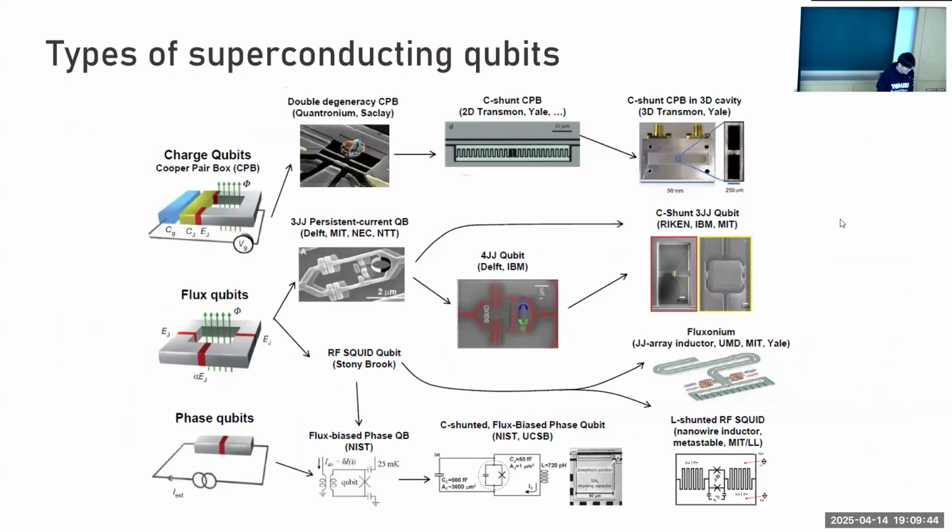So we can see many kinds of qubits here. There are phase qubits, flux qubits, or charge qubits. Many kinds of properties in the Josephson junction can be used for quantum states.